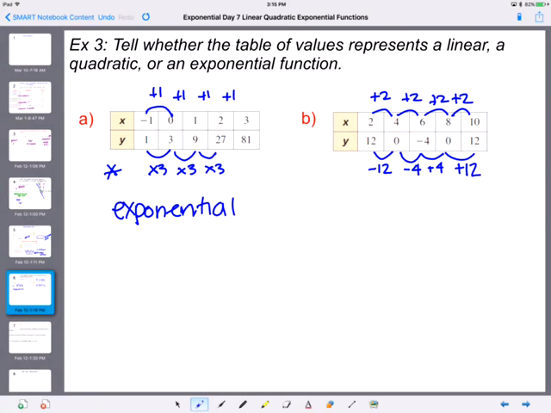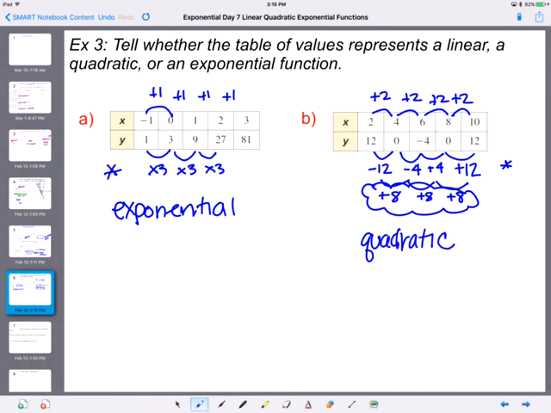My first difference didn't match, but I want to try it again. How do I go from negative 12 to negative 4? Add 8. Negative 4 to 4, add 8. 4 to 12, I add 8. Our second difference right here is all doing the same thing. So I have a quadratic function.